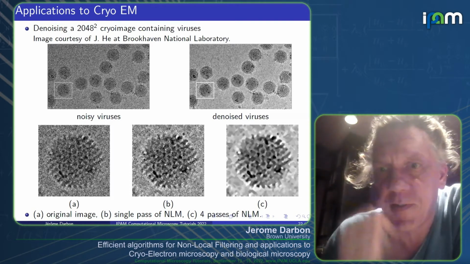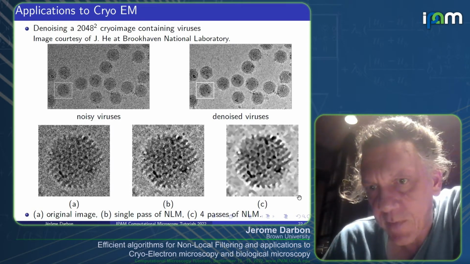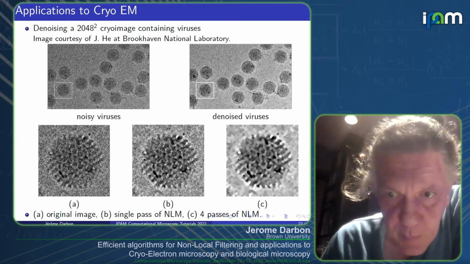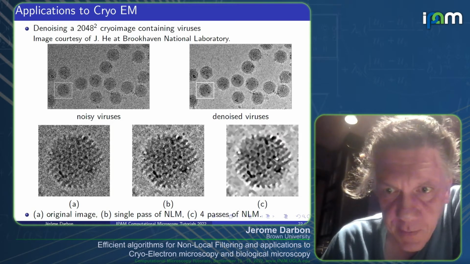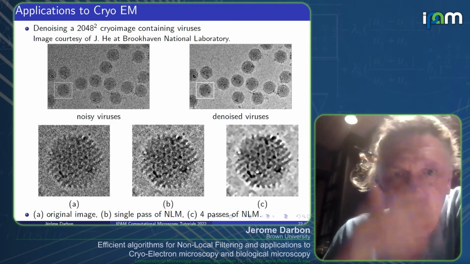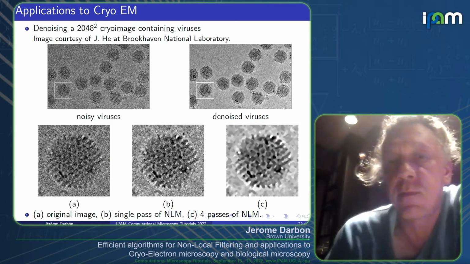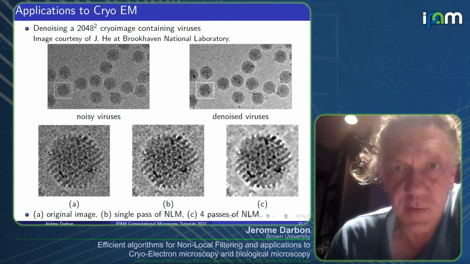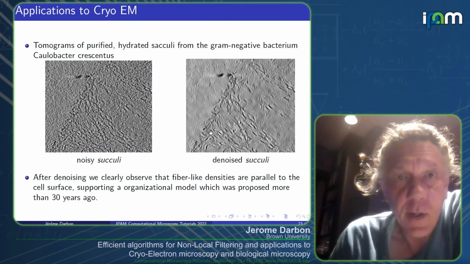When you do it 4 times, you start seeing those patterns. The people at Caltech, when they saw those images, were happy because it matched what they were expecting to see in terms of structures in those viruses.